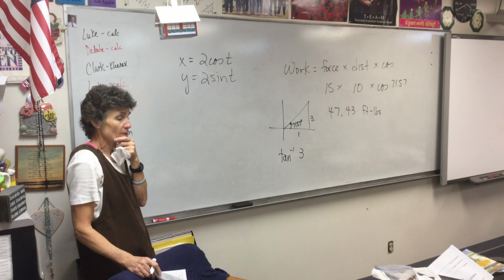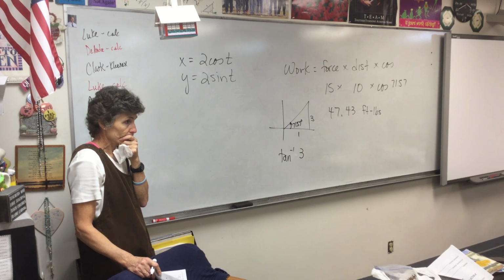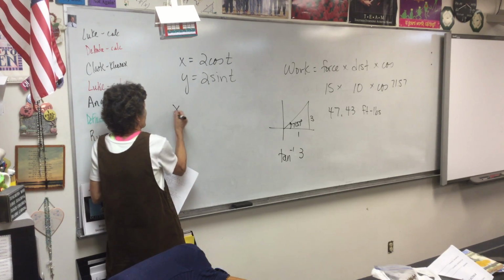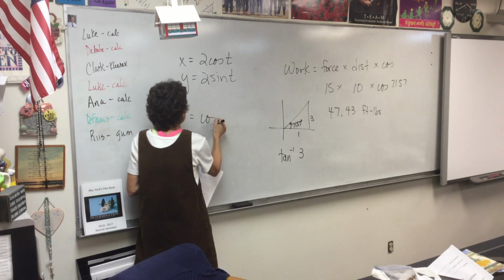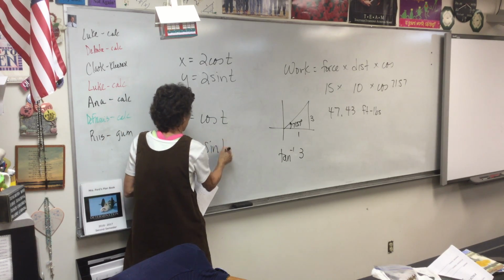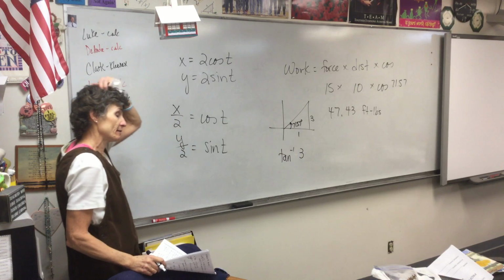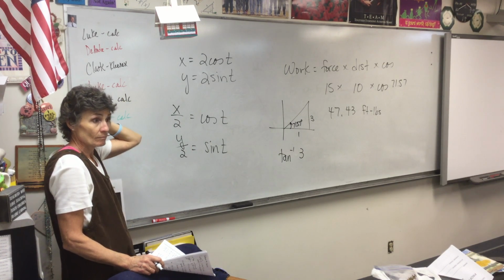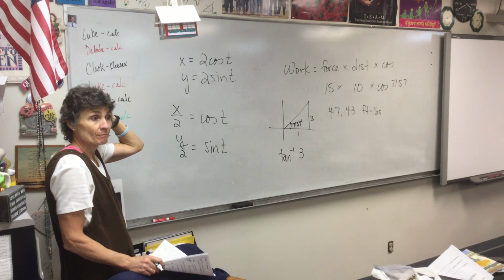What was our strategy? Well, personally, I like to divide first. You do not have to do this, but I like to do it. It's a personal preference of mine to get the sine and the cosine by themselves. Then what?